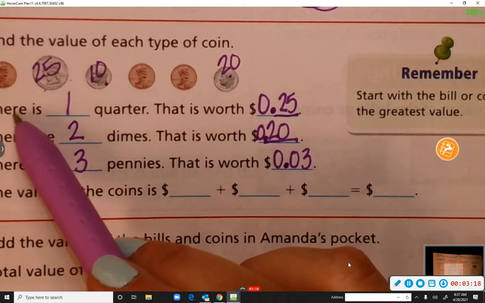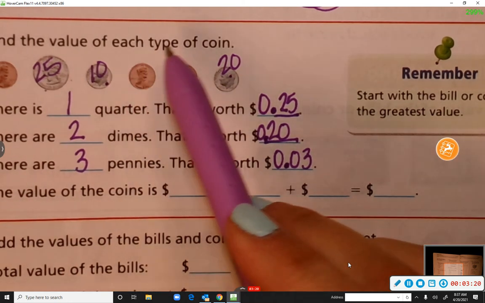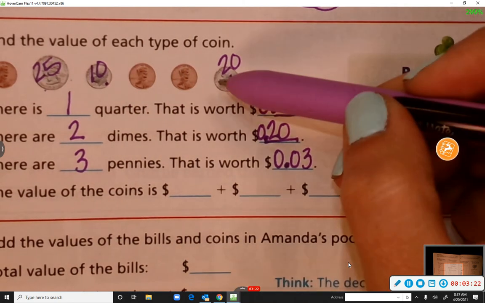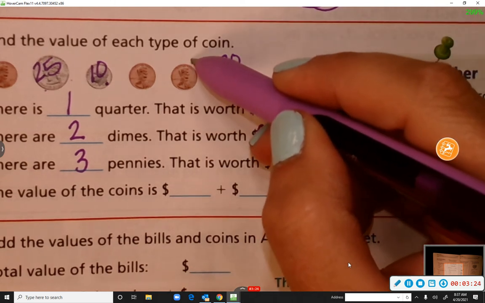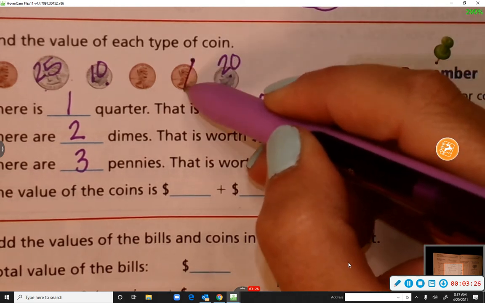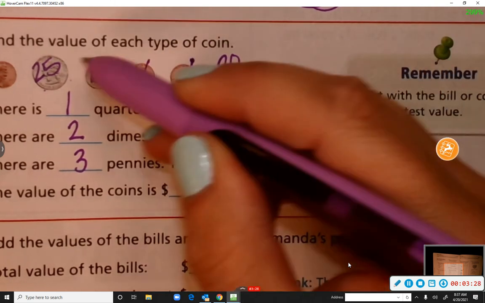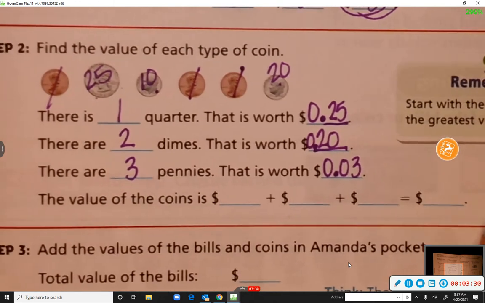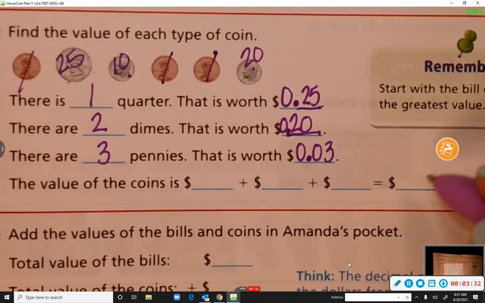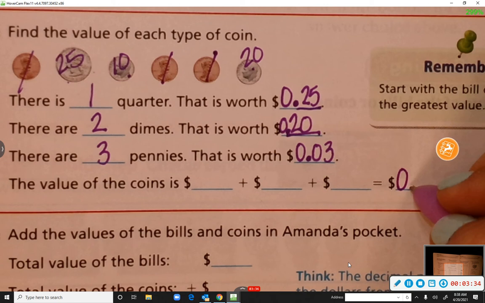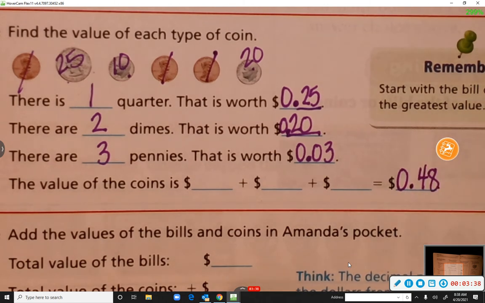So 25, 35, 45. Now we do the pennies, so that would be 45, 46, 47, 48. Okay? So 48 cents, put 0.48.